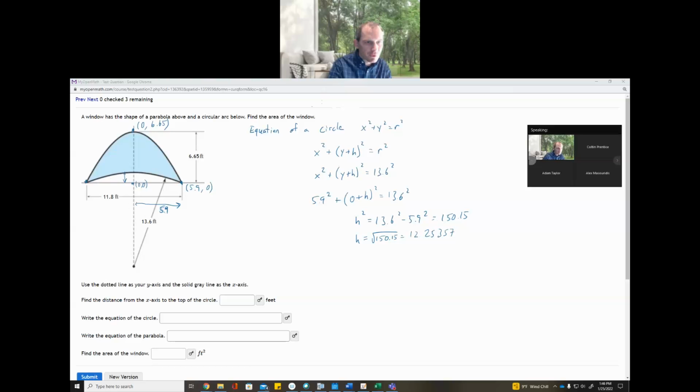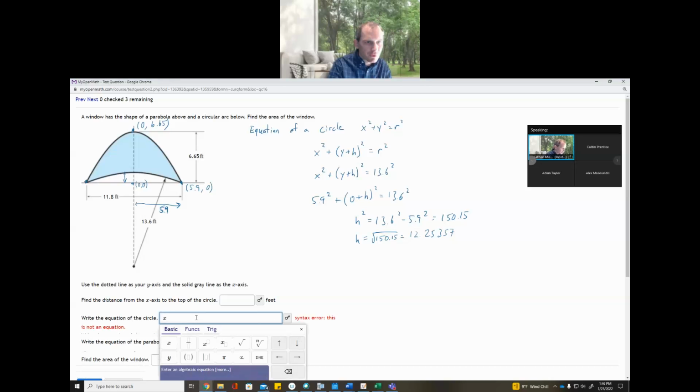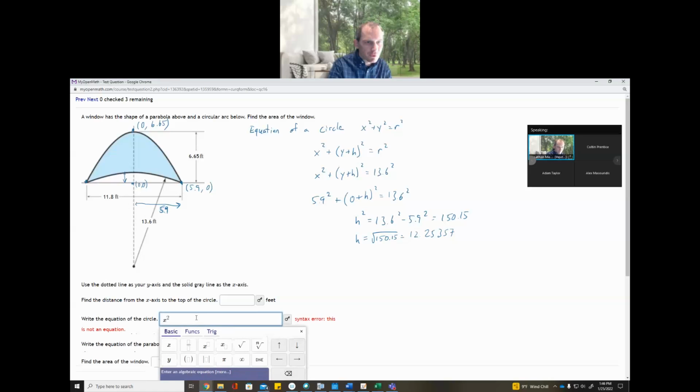So then that gives me the equation for my circle, because now I have that h. The equation of my circle is going to be x squared plus y, and remember when we're shifting, when I'm plugging on the inside here, y minus h is for an upshift, so the plus goes down.